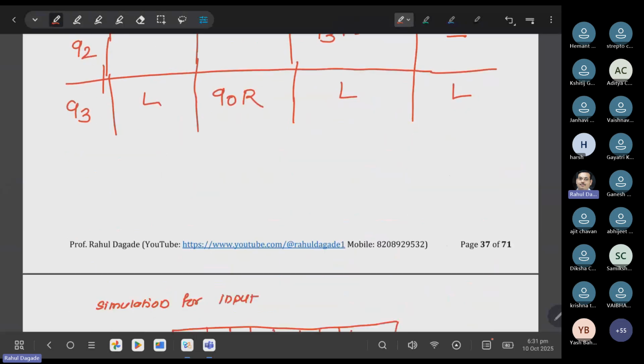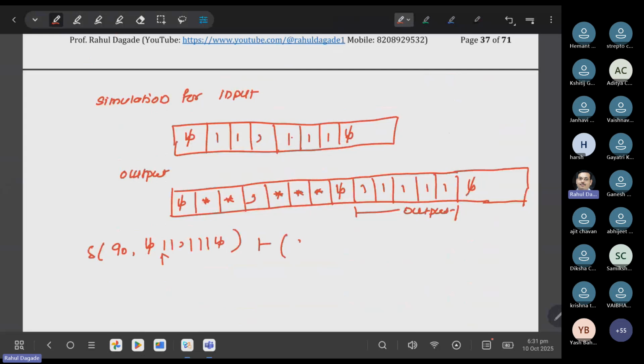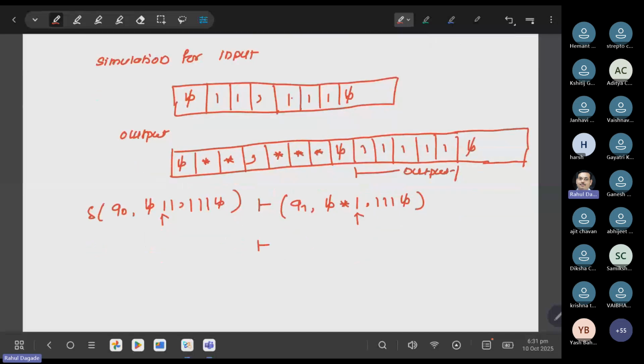So we come to the Q1 state, this 1 is converted into star and the pointer moves to the right. So 1, and then we have comma 1 1 1 blank. Now what is the Q1 state doing?